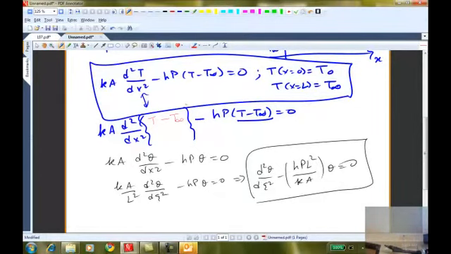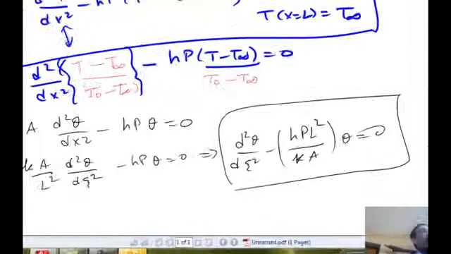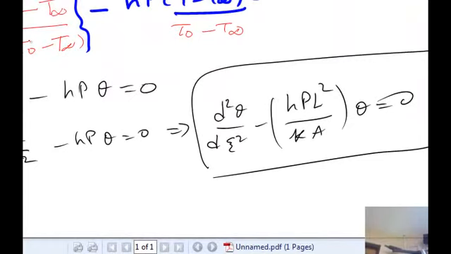So I can subtract T infinity without changing anything. The next step is I'm going to divide both terms by a constant, and that constant is T0 minus T infinity. Because it is a constant, I can divide it either inside or outside the derivative. And then I recognize that this entire term is theta.